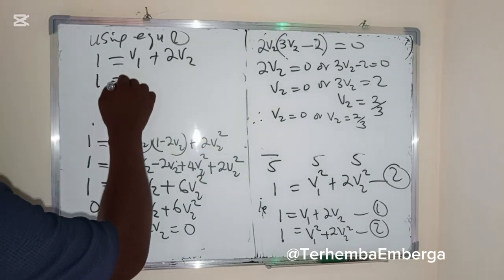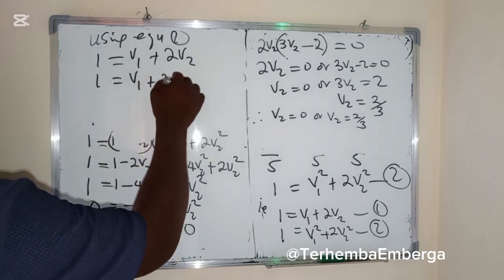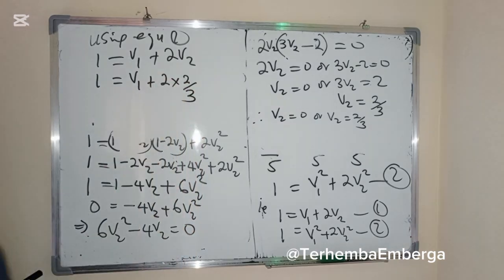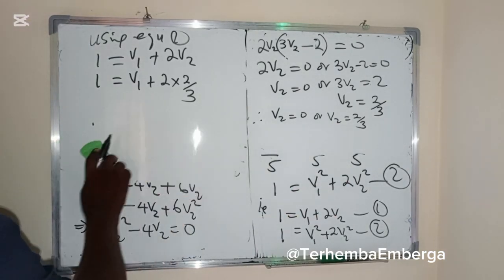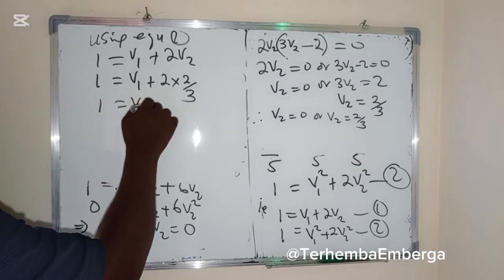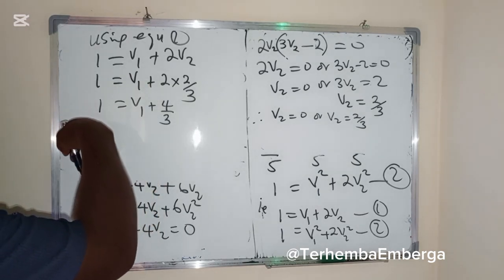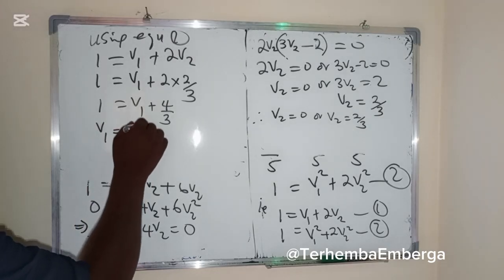So we'll say 1 equal to v1 plus 2 times 2 over 3. So we have substituted the value of this. We can now say that 1 equal to v1 plus 4 over 3. And by the time we take this to the other side, it becomes minus. So v1 is equal to 1 minus 4 over 3.